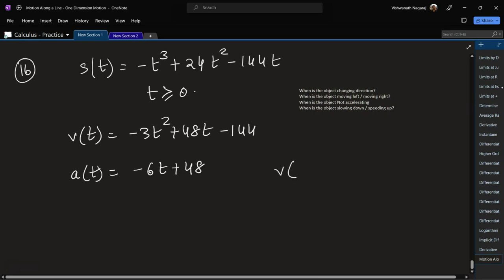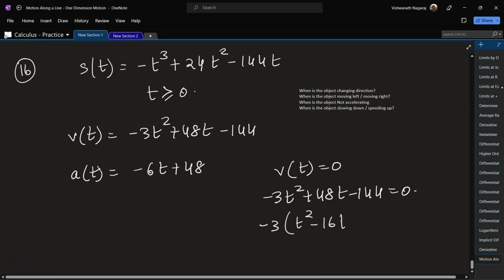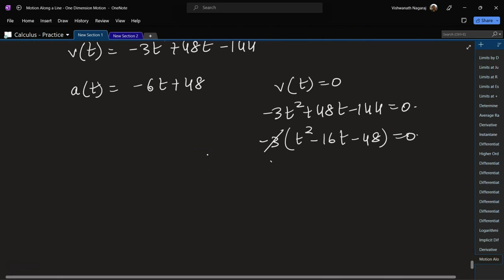Now, when is it changing direction? When v of t equal to 0, that means minus 3t square plus 48t minus 144 equal to 0. We can factor out minus 3. So that would be t square minus 16t plus 48 equal to 0. Minus 3 disappears. And now let's see whether we can factorize this.